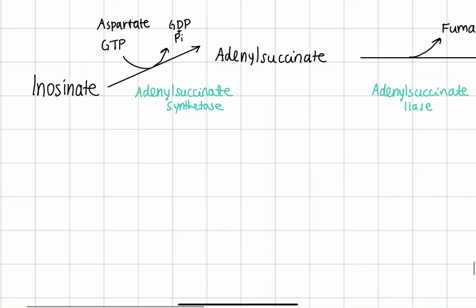Now for the second part, we can also transform inosinate into xanthylate. Well, how do we do that?